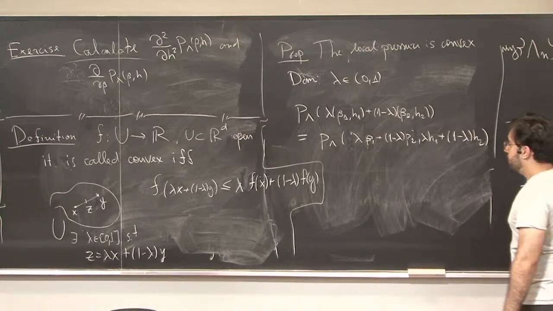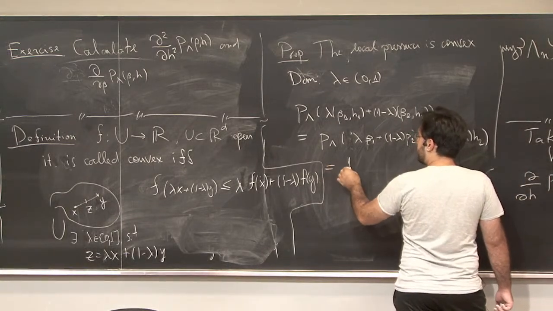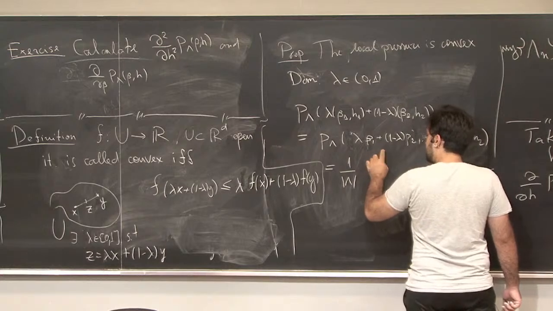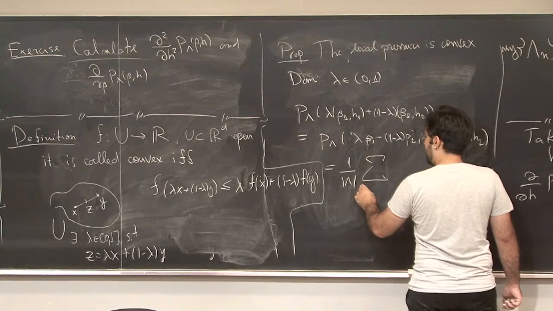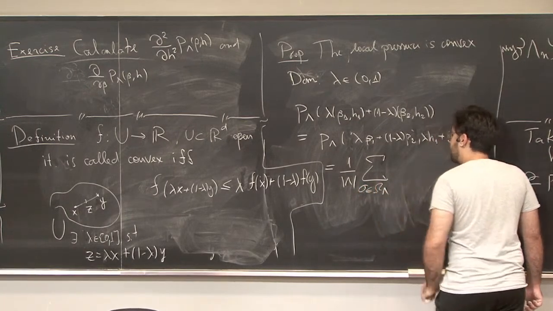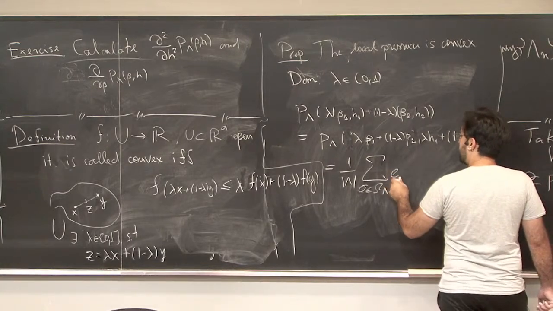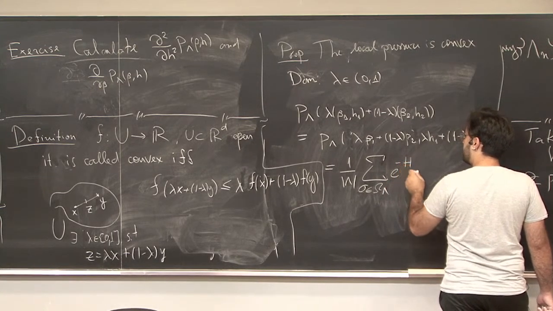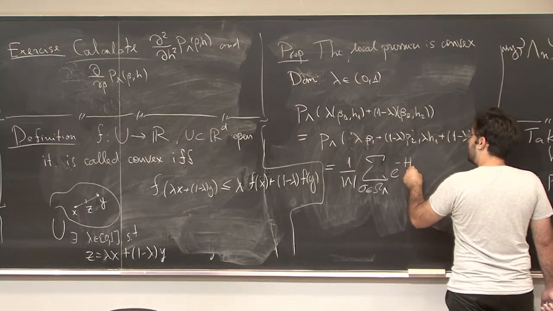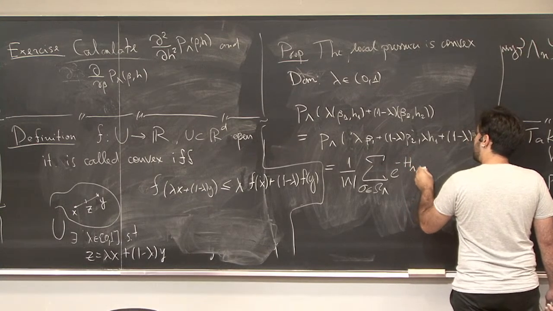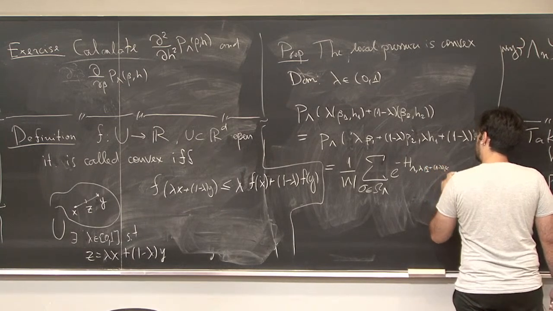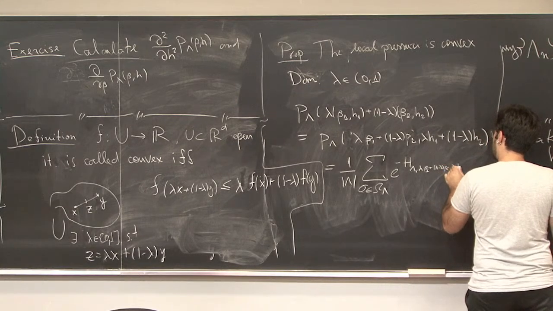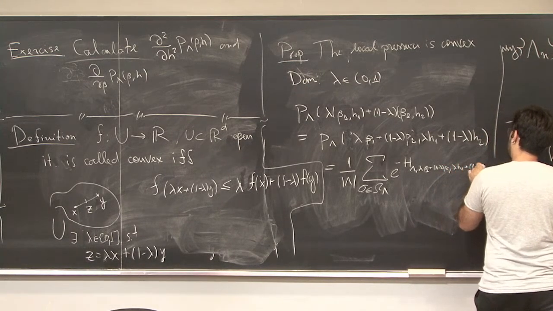And what is this? I know exactly what this is. This is 1 over the volume of the sum, over all the configurations in your configuration space, of the exponential of minus H, depending on the convex combination, lambda beta 1 H1 plus 1 minus lambda beta 2 H2.